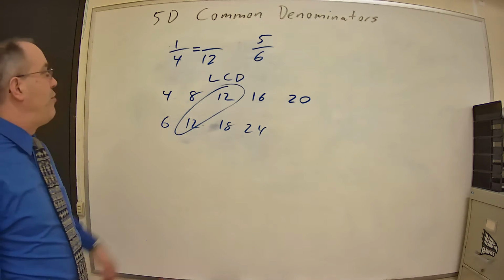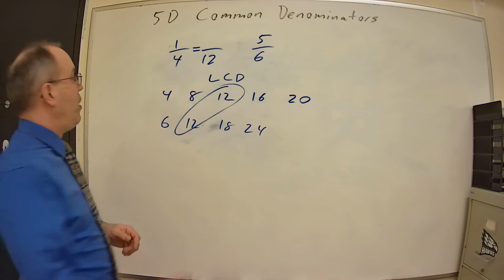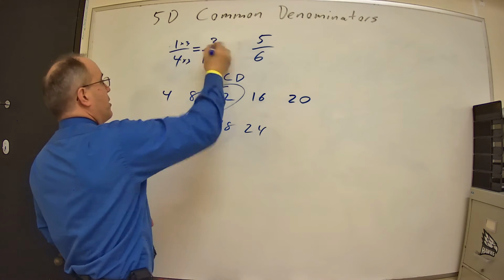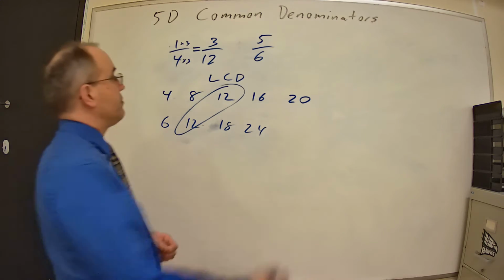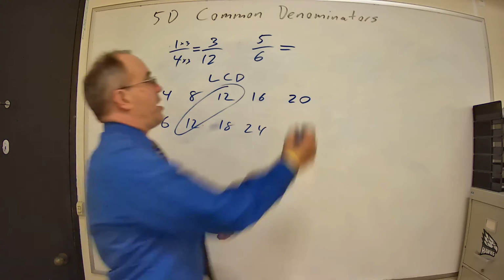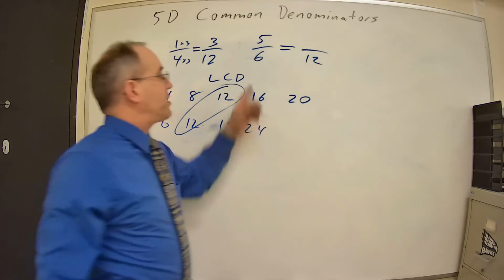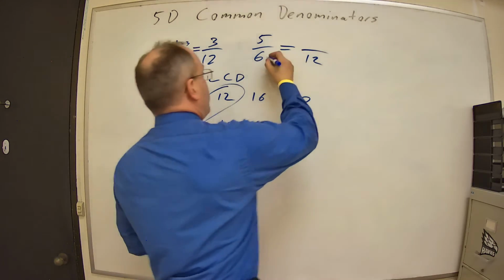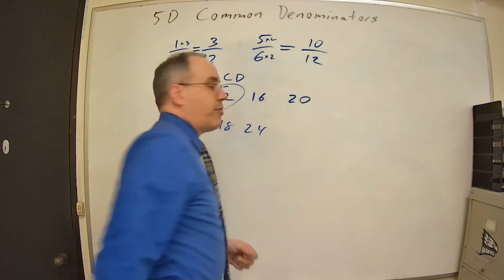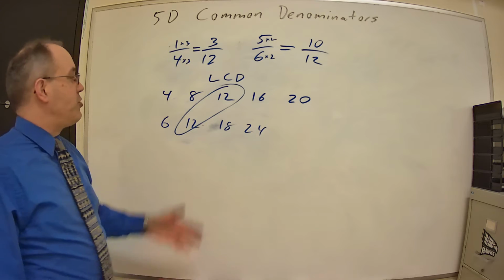So if I put this over 12, 4 times what gives me 12? 4 times 3. So 1 times 3 gives me 3, so that's 3/12. And I want this one over 12. 6 times what gives me 12? Times 2. So 5 times 2 gives me 10, giving me 10/12. So that's one way we can do it.